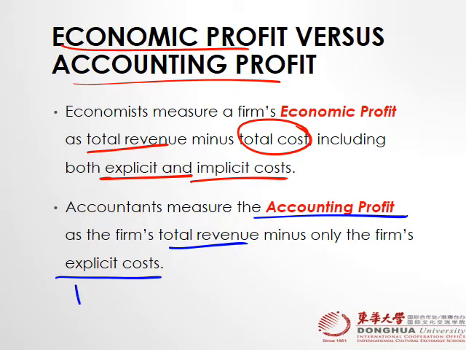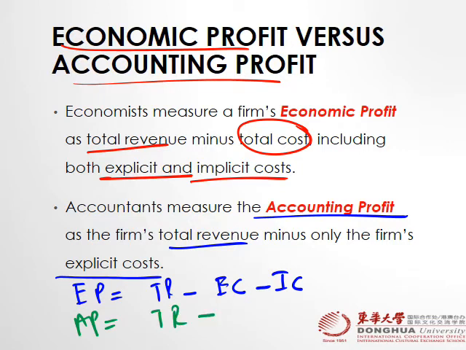So if you write it down here, economic profit is equal to total revenue minus explicit cost minus implicit cost. While the accounting profit is equal to total revenue minus explicit cost.